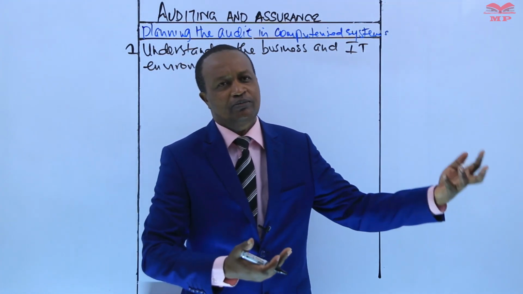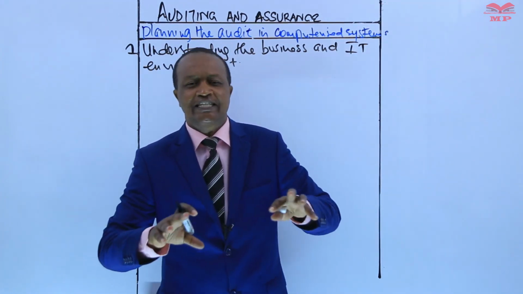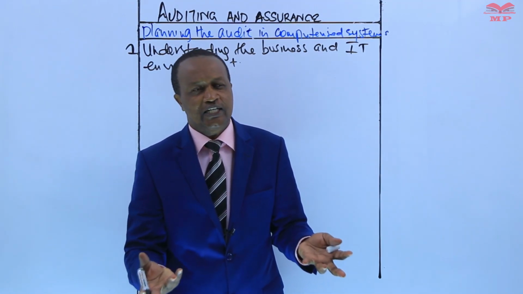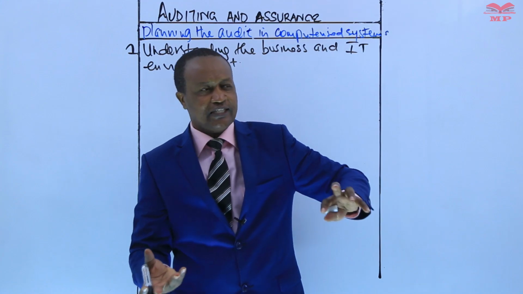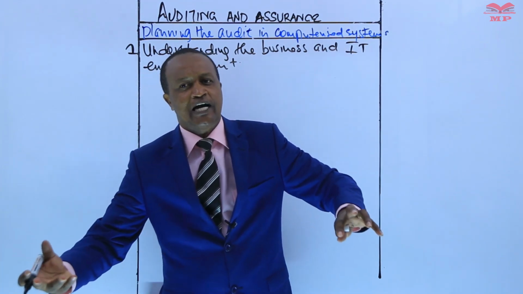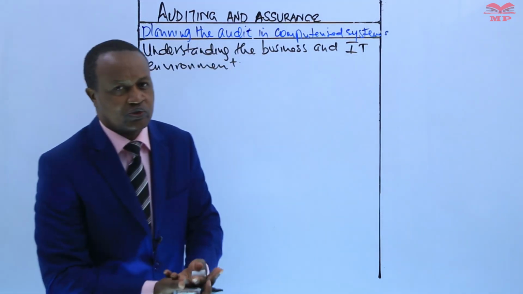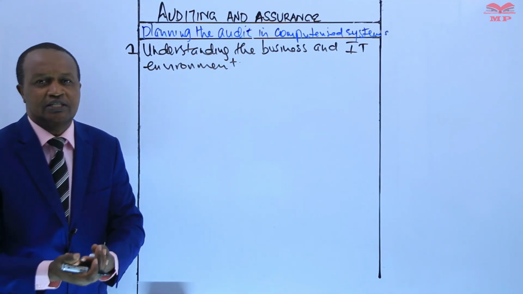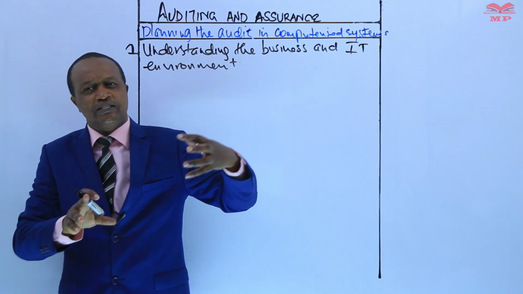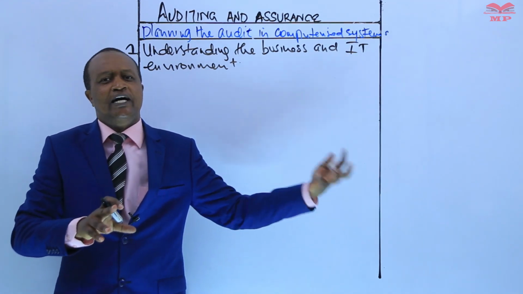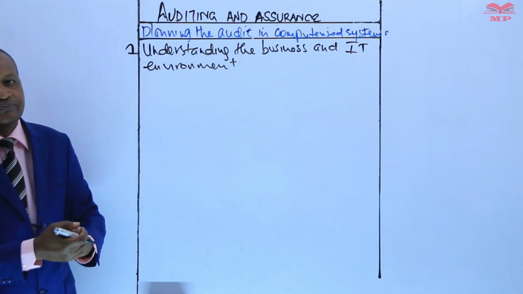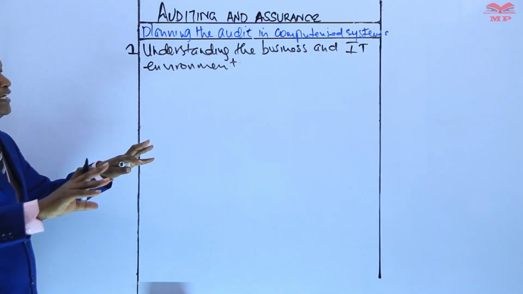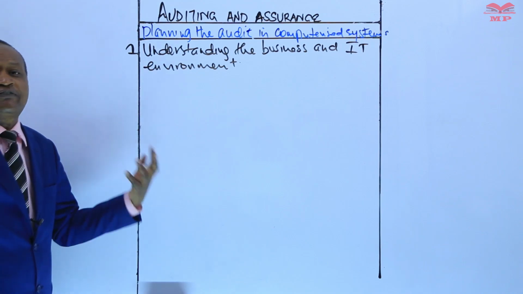In understanding the business, you may also be required to evaluate the IT controls by reviewing existing IT general and application controls like the access controls, change management controls, the data backup procedures. That can help you to identify the potential strengths and weaknesses in the system. You understand? Understanding the business and the information technology environment.